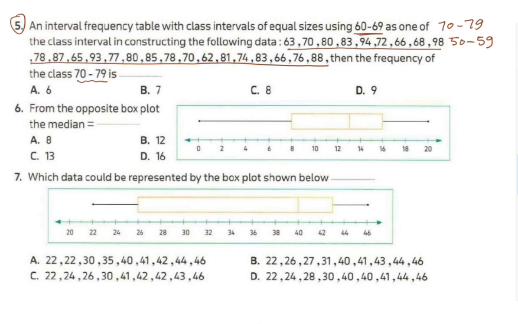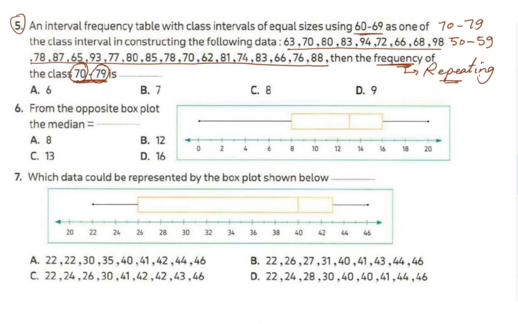The frequency, that means how many times this interval repeats. This interval starts from 70 and goes up to 79. So we will look for any numbers between 70 and 79.